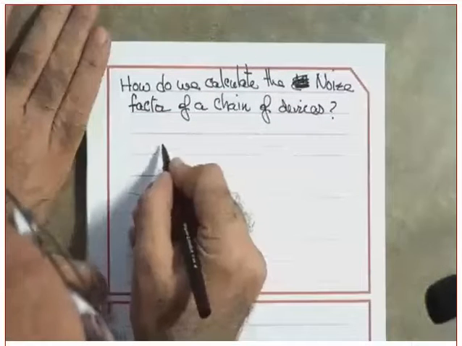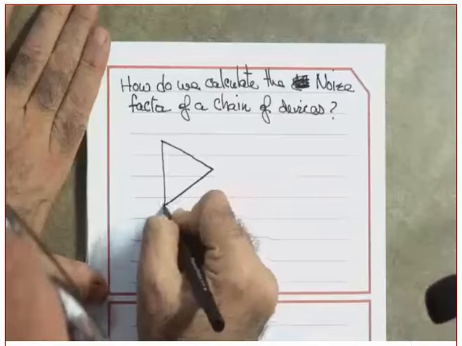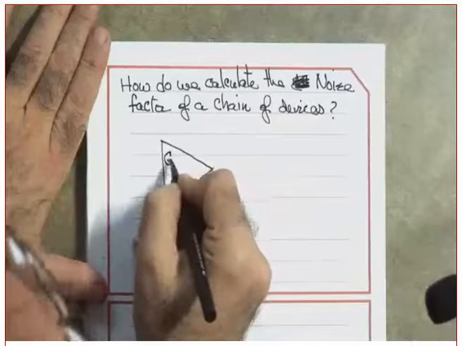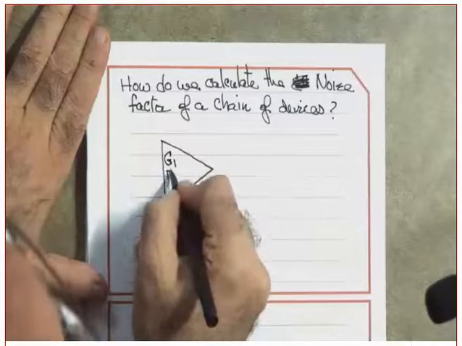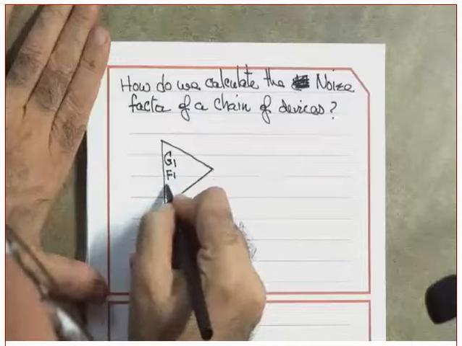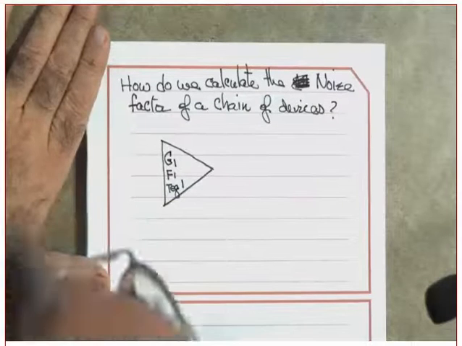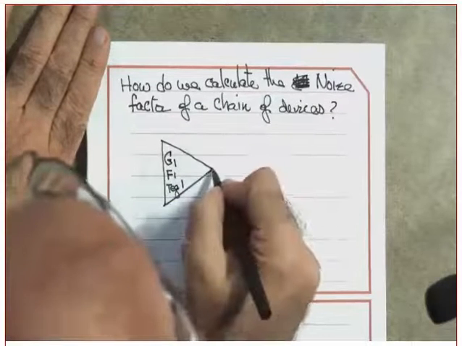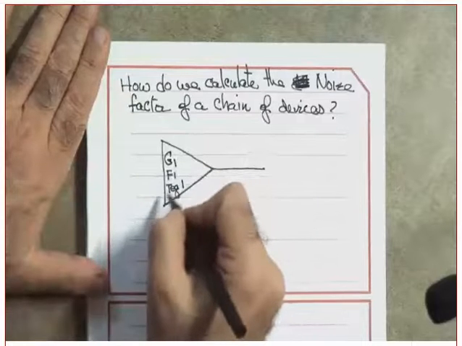So now what do I have? Let's see if you can help me. What is this? G1, F1, T equivalent 1. This is for device 1. And then another device. By the way, when I sketch it here, it gives the impression that it has to be an amplifier.